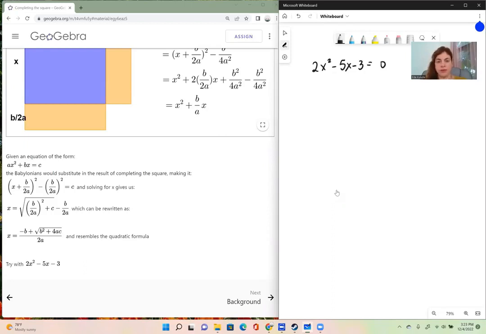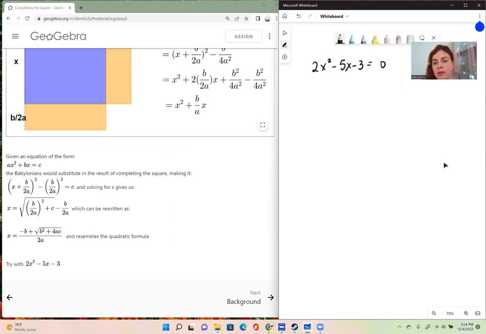There's still quite a few steps to this method, but at least the students who struggle with factoring will be able to avoid thinking about what two numbers multiply to what and add to what and splitting the middle and those steps.